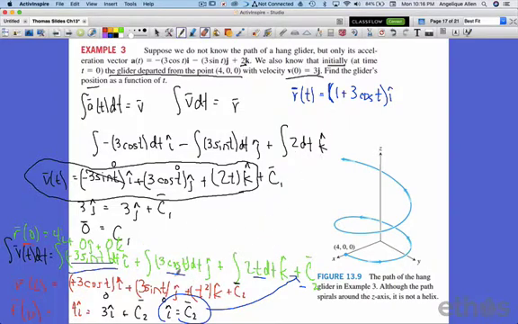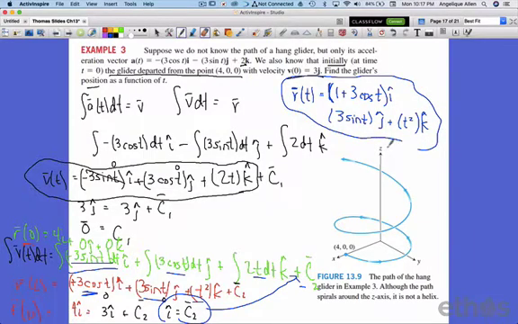Then the rest I just copy. So 3 sine t is our j component, and down here t squared k is our k component. So there, after doing integration twice, is our position vector as a function of t.